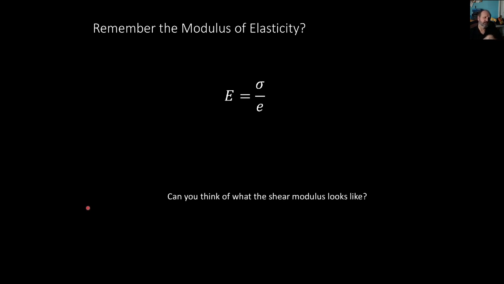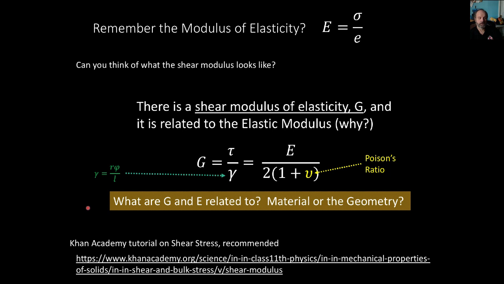All right, so let's backtrack to the modulus of elasticity. That was in the linear region of the stress-strain curve. And it's the stress divided by the strain, rise over run, in the linear region. So we have a similar relationship for shear modulus. Okay?